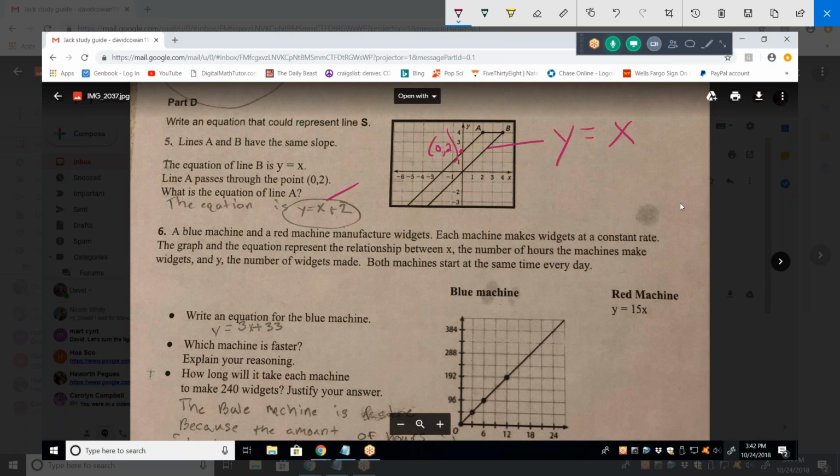In other words, if I'm going to take line B and move it up 2 units, I would do it like that. If I was going to take line B and move it to the left 2 units, I would do it exactly the same way.